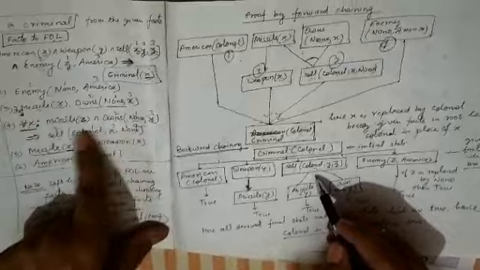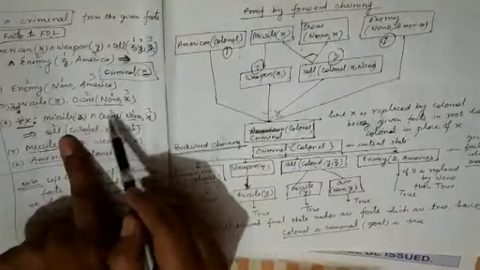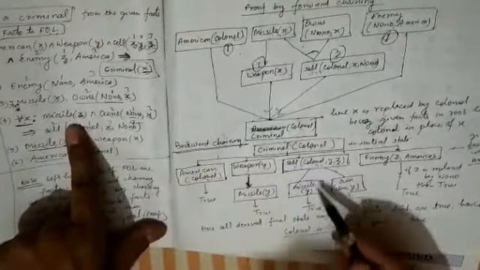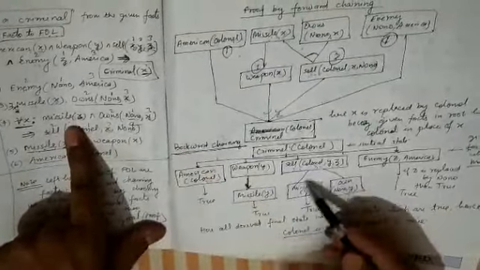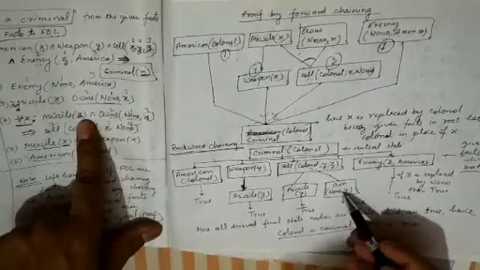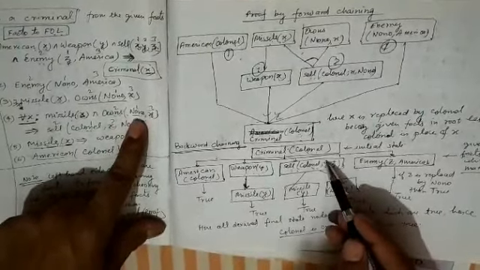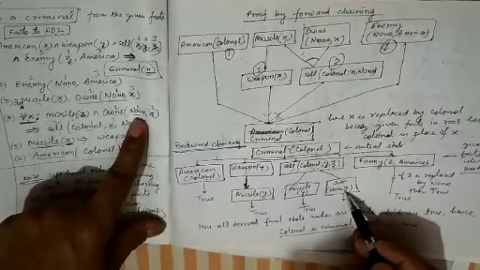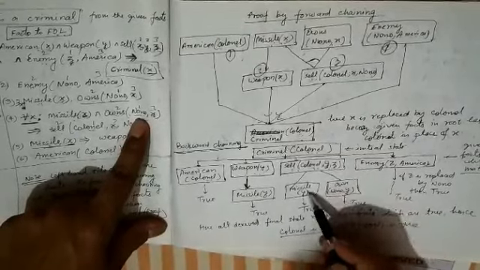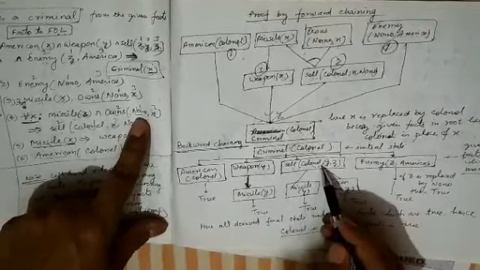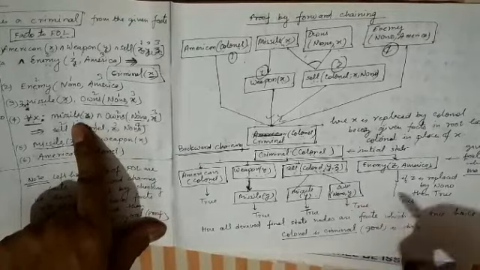This conclusion has two facts, 1 and 2. One is missile X. The first one is missile, and here we will write Y in place of X. The second fact is owns Nono, X. In place of X we have used Y here. These are the two facts for this conclusion by using rule 4. So we can say that these are the two facts, so this is also true.